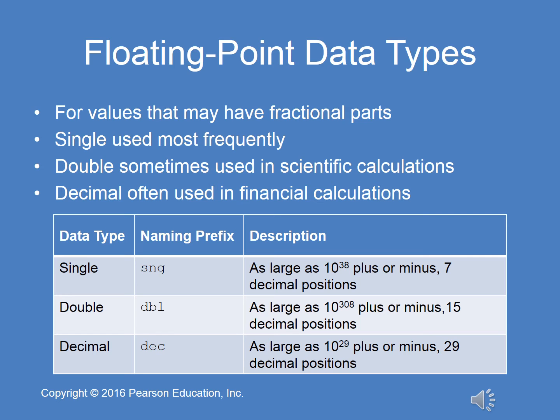Double, huge range, 10 to the 308 plus or minus. And then decimal, 10 to the 29th plus or minus. Double is sometimes used for scientific calculations. Decimal is often used in financial calculations that involve currency.